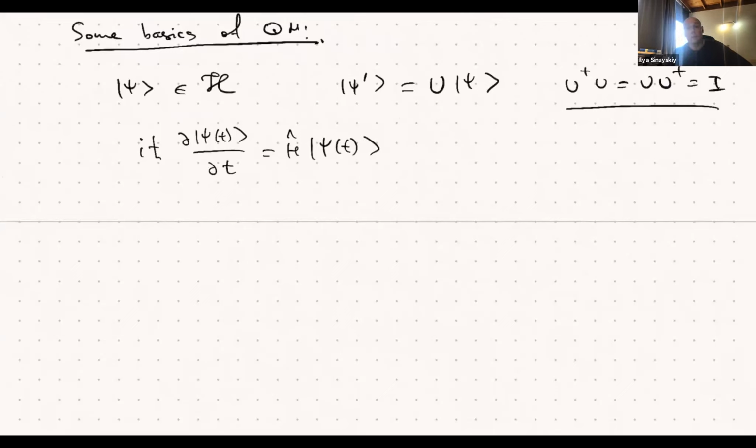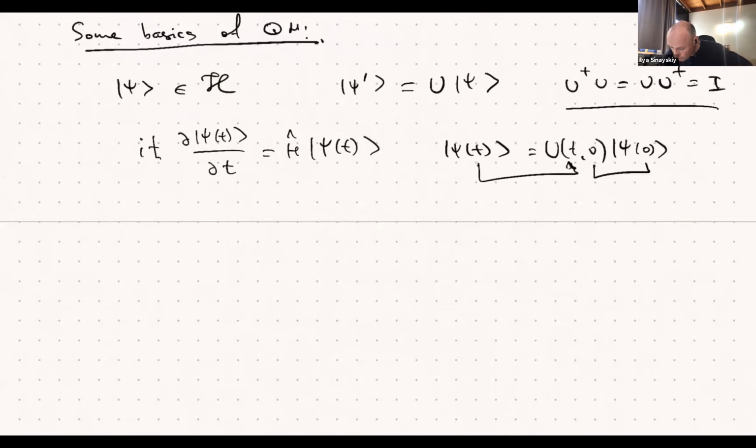And standardly in the quantum mechanics course, you have also been shown that if you have two wave vectors, psi of t and psi 0, you can always relate them using, again, a unitary operator. But in this case, you choose this unitary operator in a special form so that it depends on two times, this time and this time.